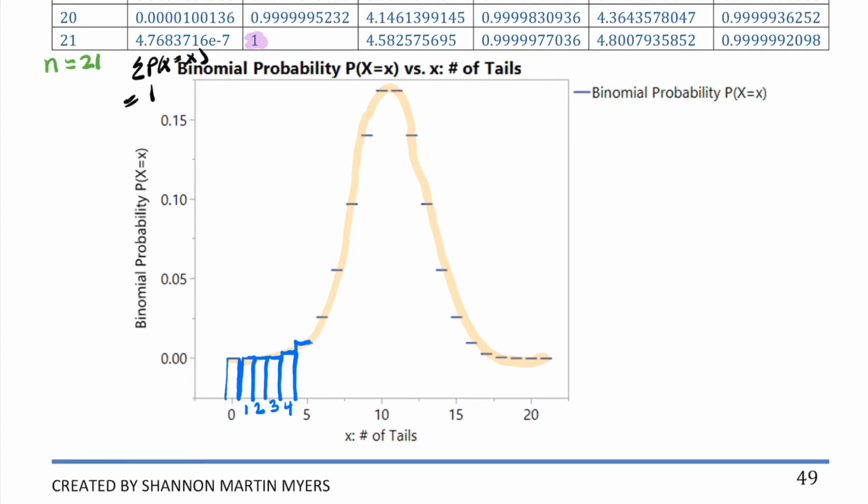So how can I change that? You could keep going on.